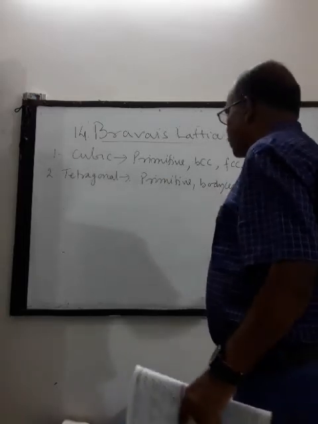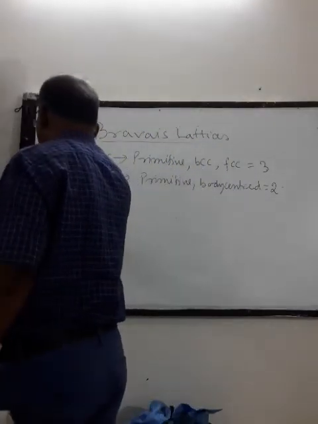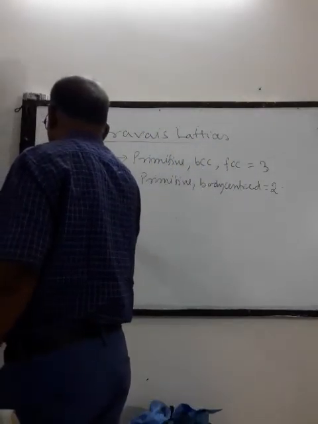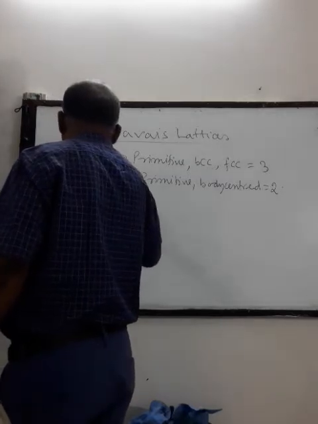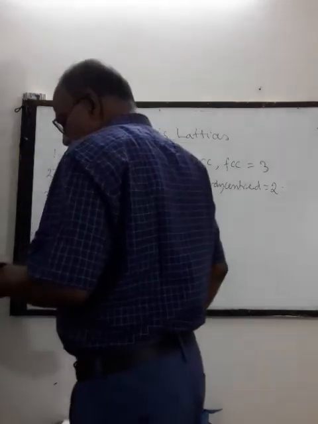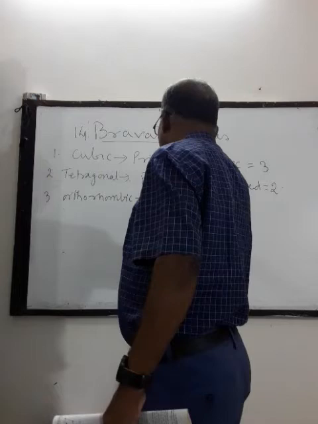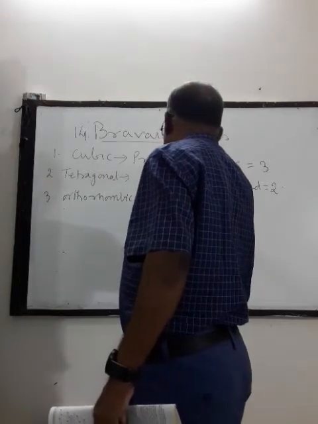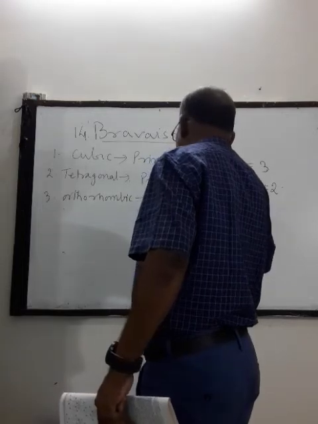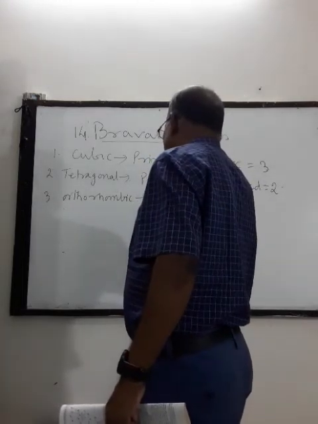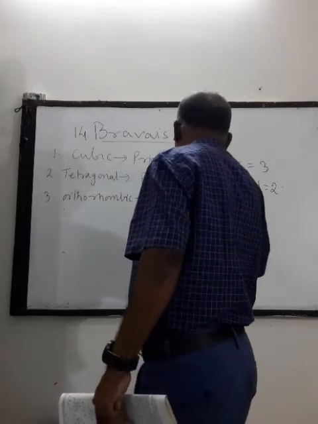So altogether 2. Similarly, orthorhombic: all 4 types: primitive, body centered, end centered, and face centered.